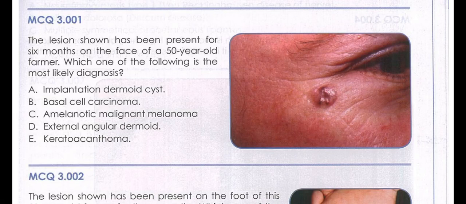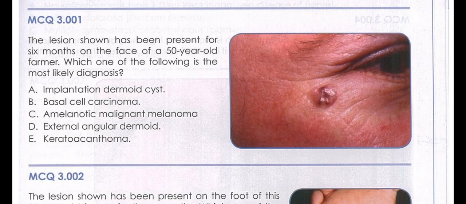Here he is asking only about the diagnosis, giving this picture. Once you have seen this picture, definitely you will give the correct answer. Their options are: A, implantation dermoid cyst; number two, basal cell carcinoma; C, amelanotic malignant melanoma; D, external angular dermoid; E, keratoacanthoma.